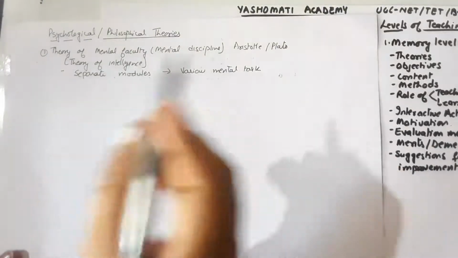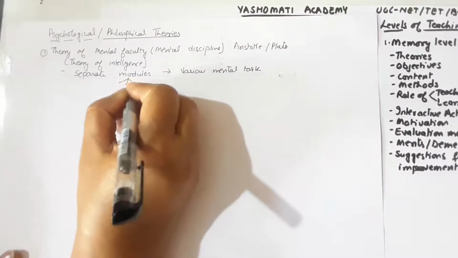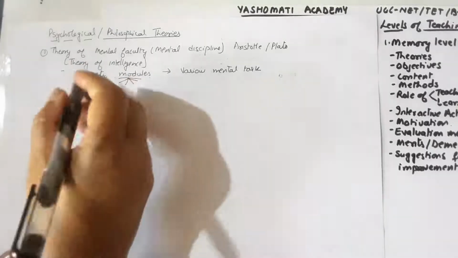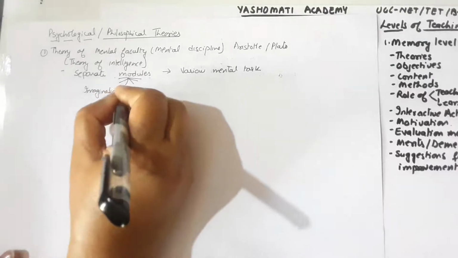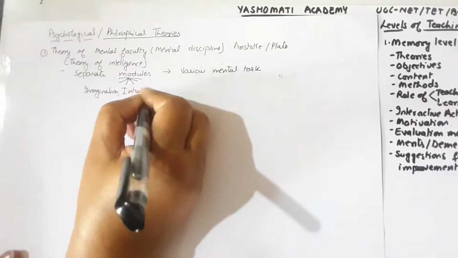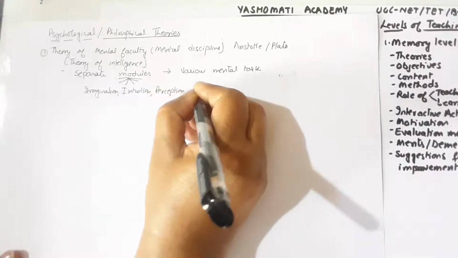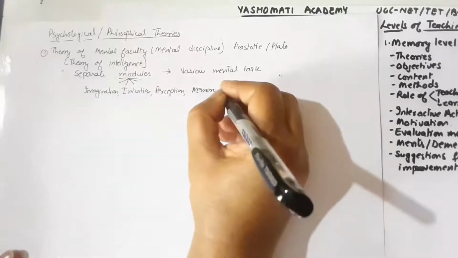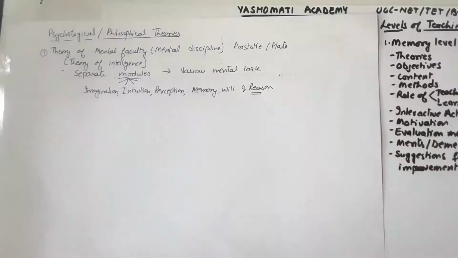According to this theory, there are 6 separate modules, and these 6 separate modules are named imagination, intuition, perception, memory, will, and reason. Out of these, reason takes the most supreme position as far as various mental tasks are concerned.